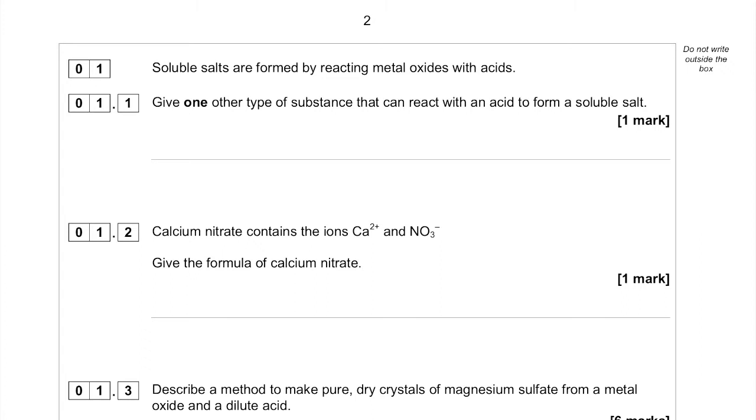So question 1, soluble salts are formed by reacting metal oxides with acids. Give one other type of substance that reacts with an acid to form a soluble salt. So the first thing that you want to understand for this question is that you need to make a soluble salt, in which case you cannot make something like calcium hydroxide, which is not actually soluble.